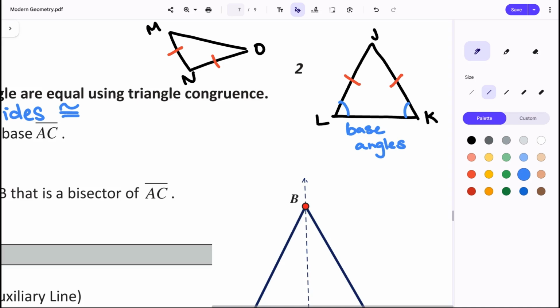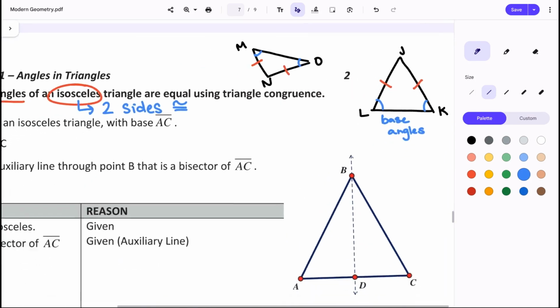O and M? Yeah, because those would be across from those congruent sides, okay? Understand that anytime you see congruent sides on a triangle, those angles directly across from them are going to be congruent as well. In an isosceles triangle, we call those your base angles, okay?